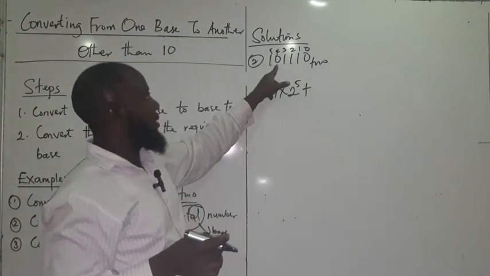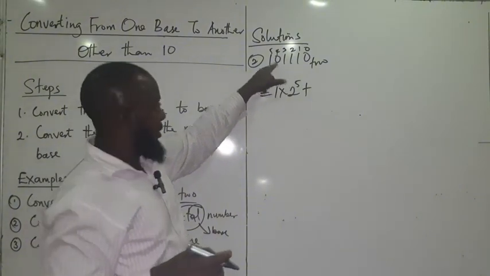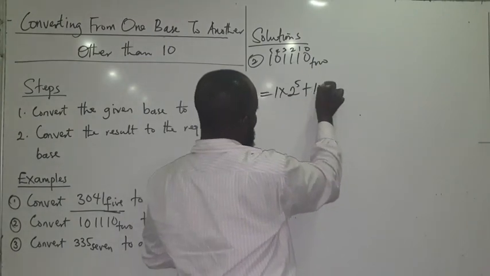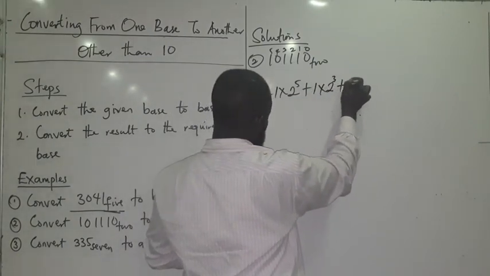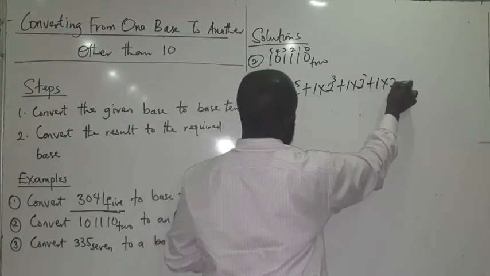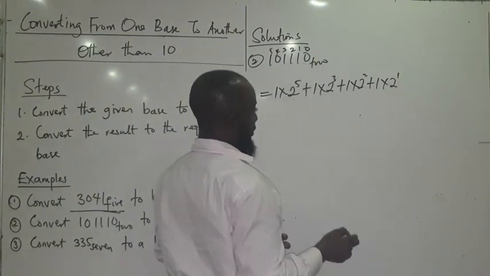I've explained this when we were treating how to convert from one base to base 10. That will be 1 times 2 raised to 3 plus 1 times 2 raised to 2 plus 1 times 2 raised to 1. The last 0 we are also not going to make use of.